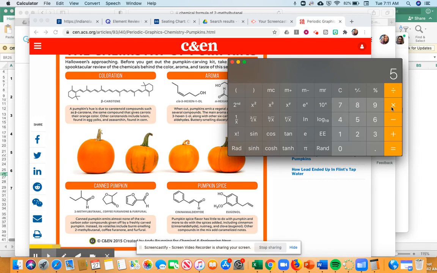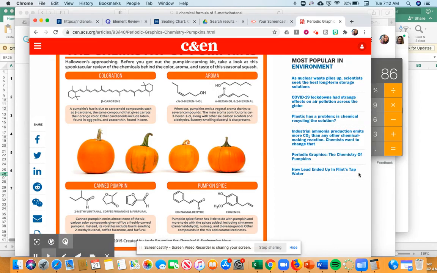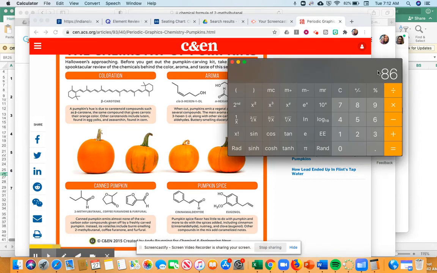C5, that's going to be 60. Okay, try it again. H10 plus the oxygen is 16. Sorry, my calculator went psycho about 4 times, I thought I was losing my mind. 86 grams per mole for the 2-methylbutanol.